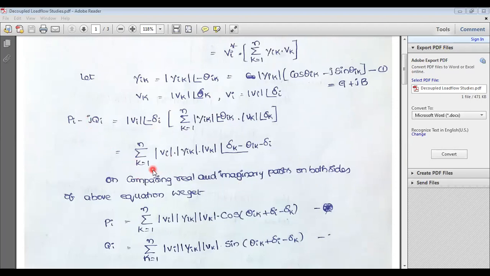Later you need to expand this summation for cos theta. I mean, you can express the right hand side in terms of rectangular coordinates, meaning cos theta plus j sin theta form. Once you expand that expression and compare the real and imaginary parts, what are the real power and reactive power that we are getting here?